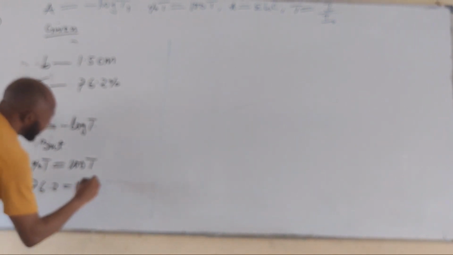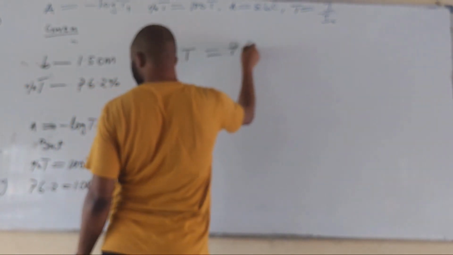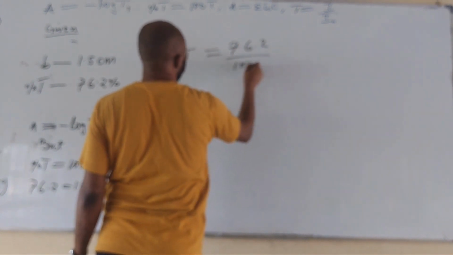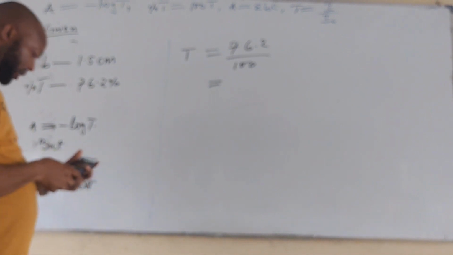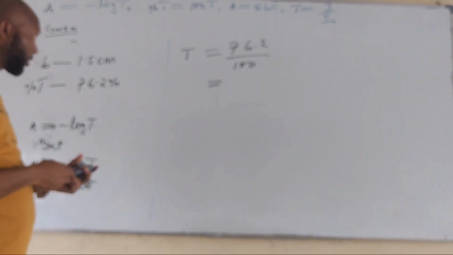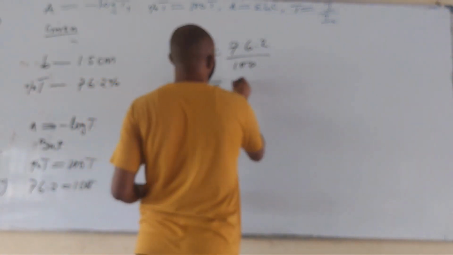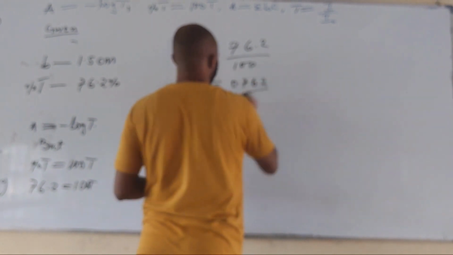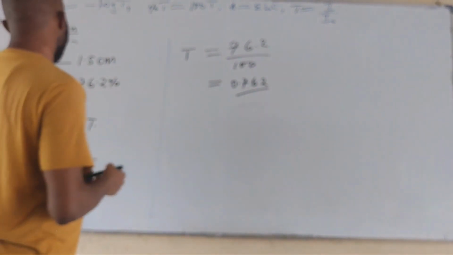If the percentage is given to be 76.2, then 76.2 is equal to 100 T, so our T is equal to 76.2 over 100, which is 0.762.